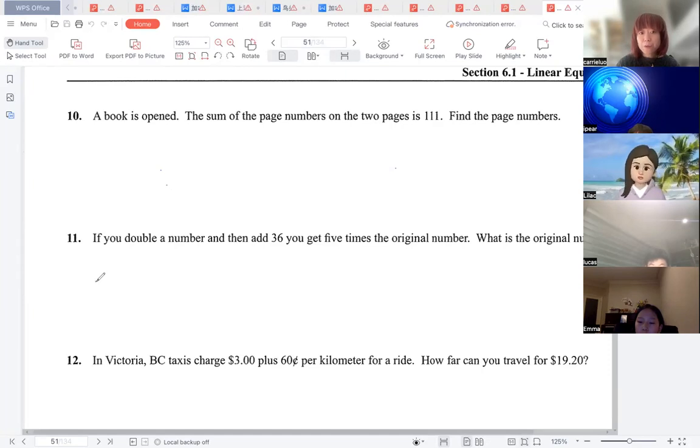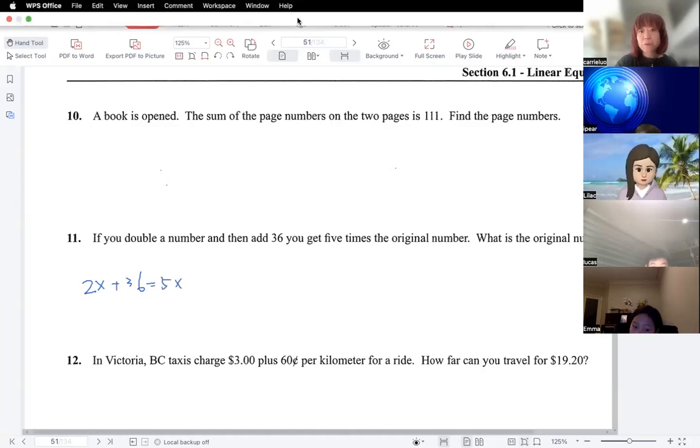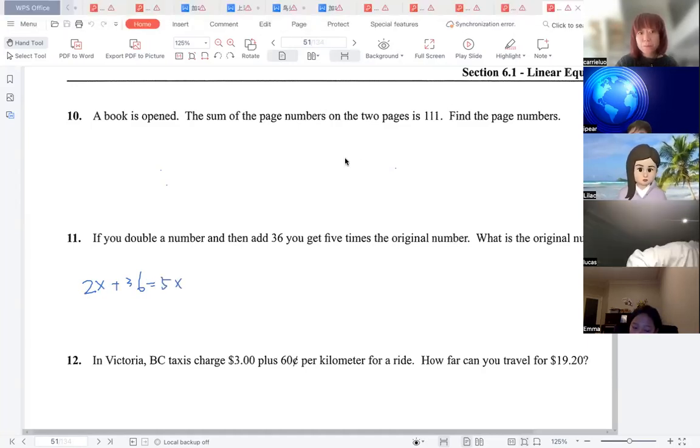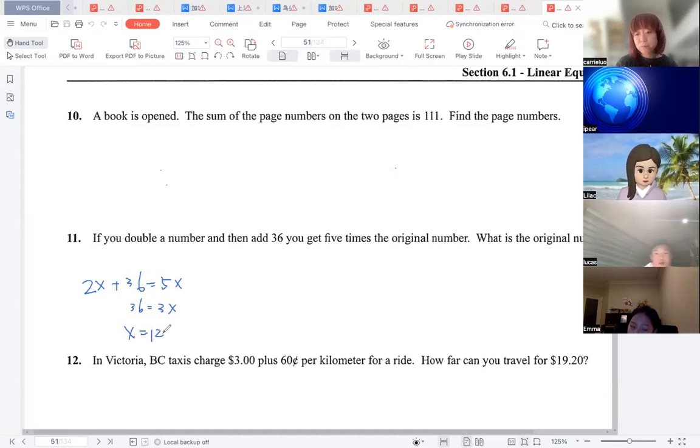If you double a number and add 36, you get 5 times the original number. Okay, so let's take a look at this one. So equals what? 36 equals 3x, x equals 12. Get it?